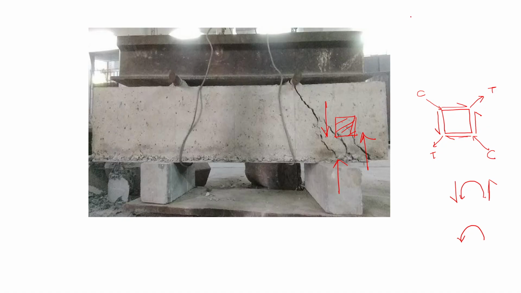So the same square I will redraw again here, and we know that these two points are getting stretched and these two points are getting compressed. So this tiny square tries to take this shape. That means tension on this diagonal, whereas compression on this diagonal.